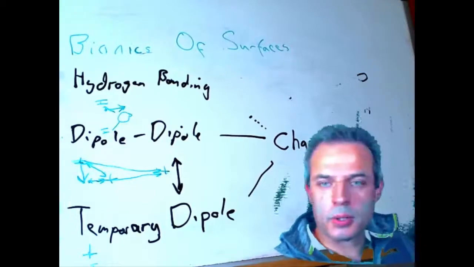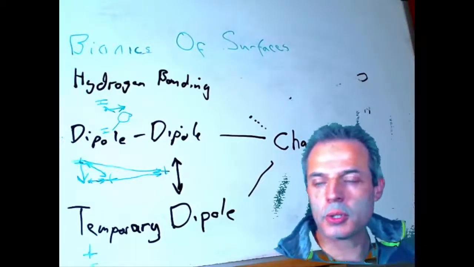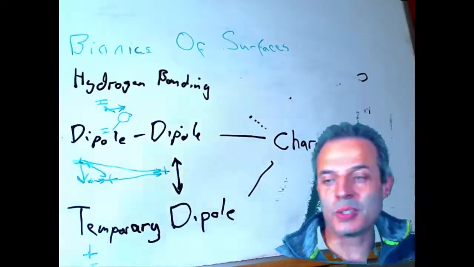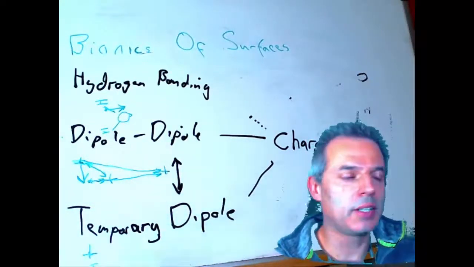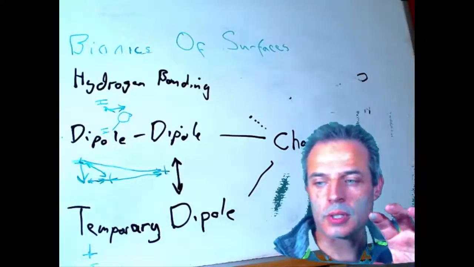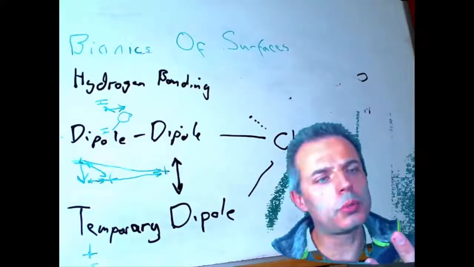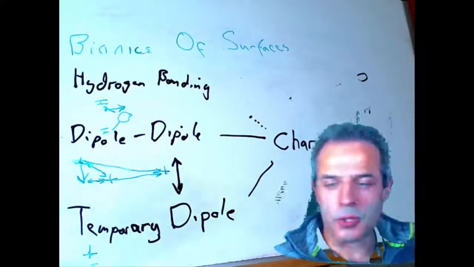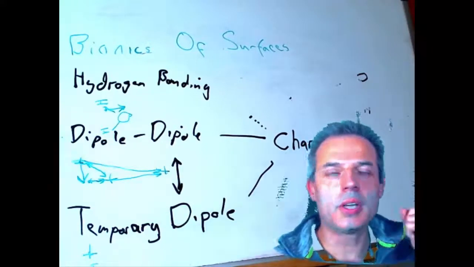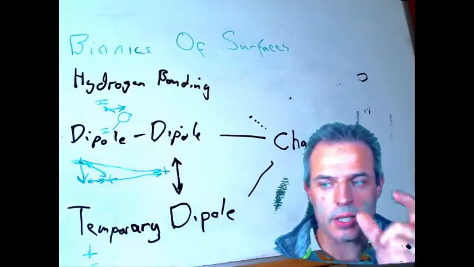If we go up to the top one here, hydrogen bonding, that has a length. It can only form a bond at approximately the bond length. The oxygen orbital with the lone pair of electrons has a certain size, so that has a length.